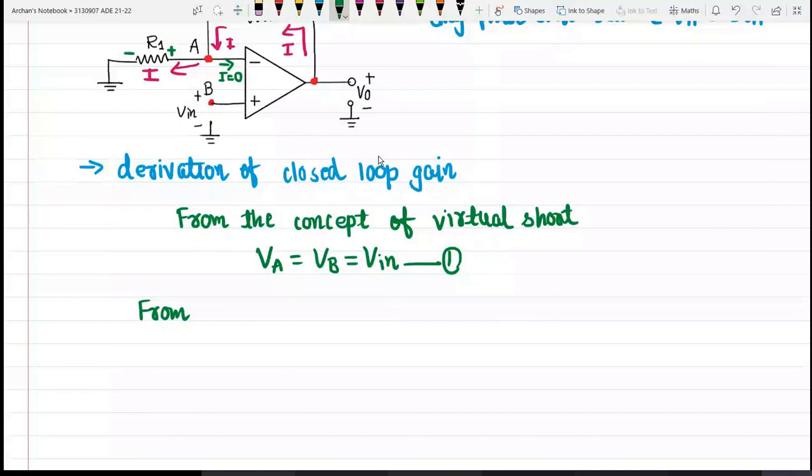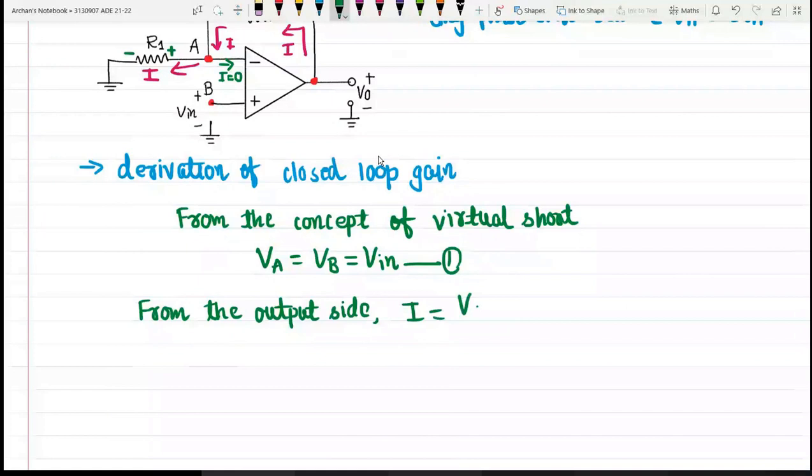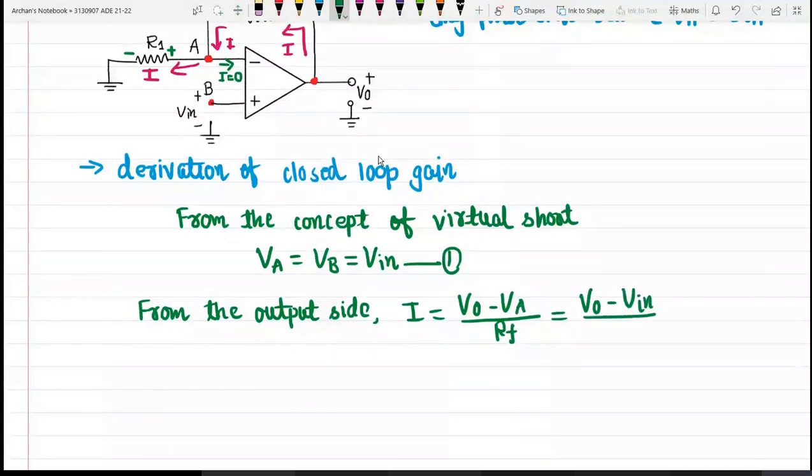From the output side we can write I is equal to V0 minus VA divided by RF. Now what is VA? VA is equal to V in. So we have I equal to V0 minus V in divided by RF. Let us call this equation number 2.